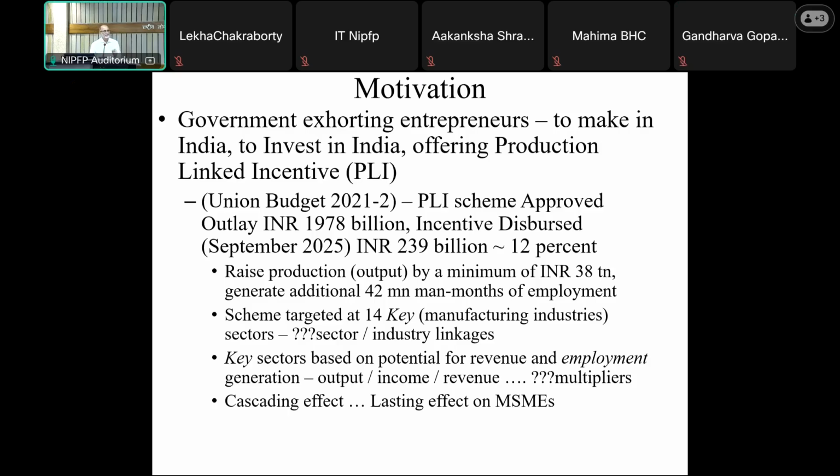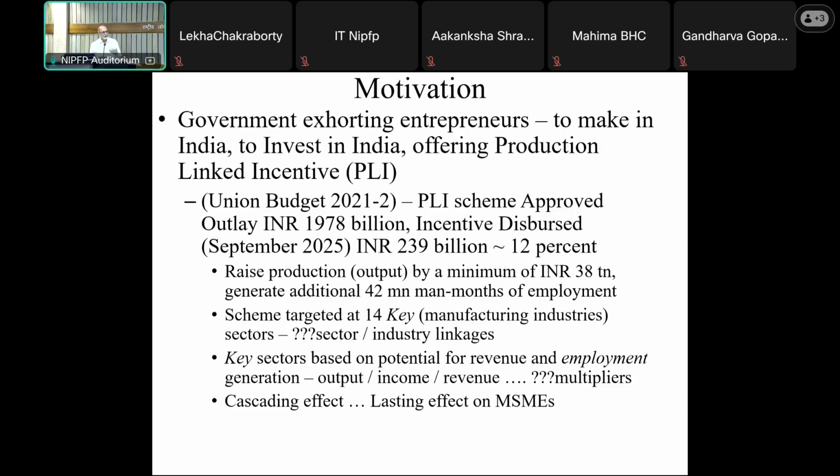So I wanted to understand how they arrived at these key sectors, what went behind determining them. And that these key sectors were based on potential for revenue and employment generation. So perhaps there were multiplier effects of these key industries also. And then they said that this will have some cascading effect on the micro, small and medium enterprises.